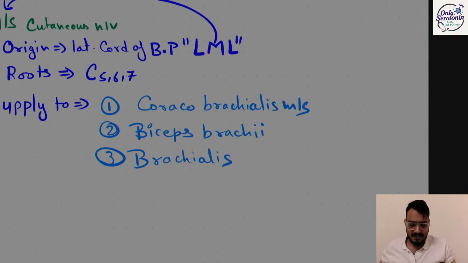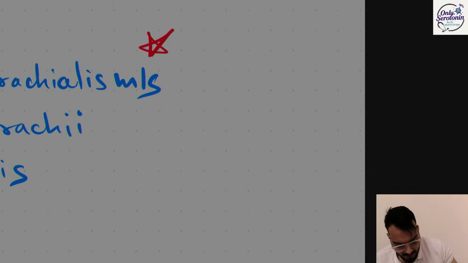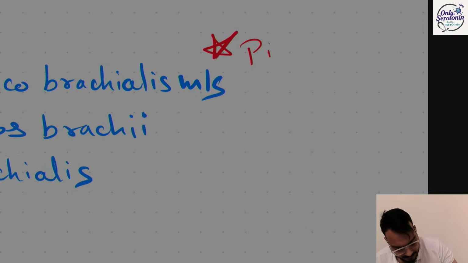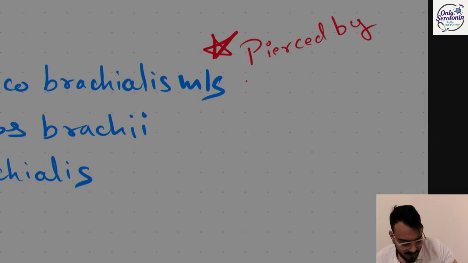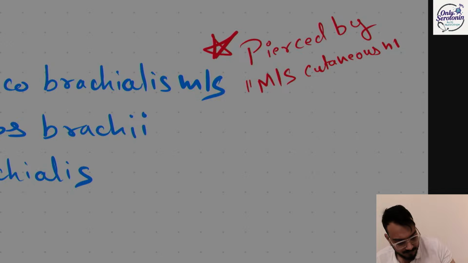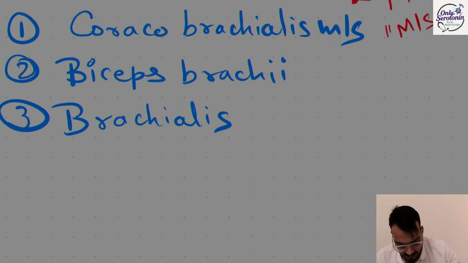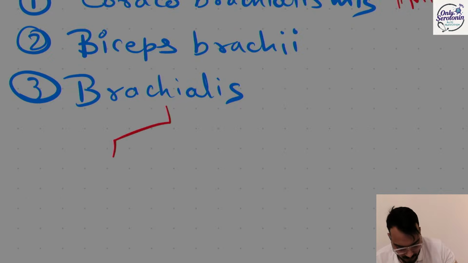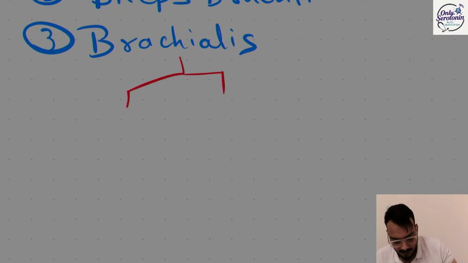This coracobrachialis muscle, guys, what is the importance of this muscle? What I have told you about this muscle is that this muscle is going to have a piercing in it. It is pierced by which nerve, guys? It is pierced by the musculocutaneous nerve, right? The coracobrachialis muscle is going to get pierced by the musculocutaneous nerve. Then something about the brachialis muscle also we should know, that the brachialis muscle is going to divide into two parts.